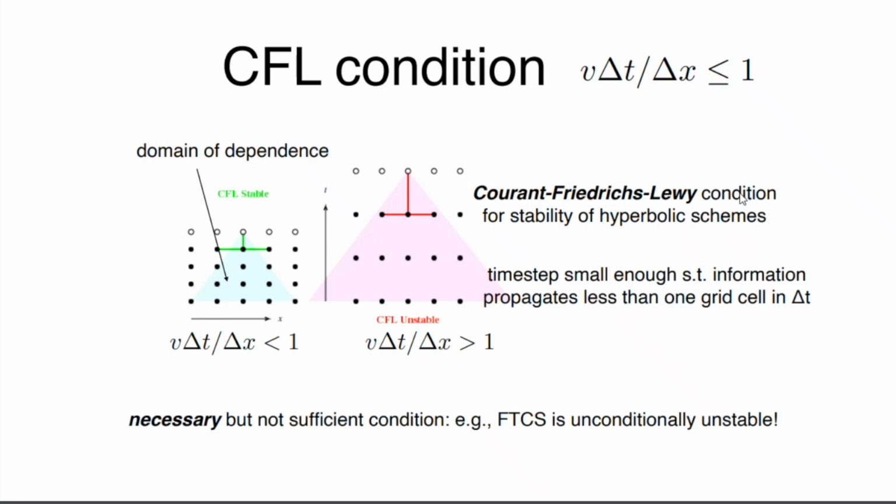So what the CFL condition, this condition that we got from the von Neumann stability analysis, corresponds to is that the step delta t that you choose, in order to be numerically stable, should satisfy the fact that the new point should not be in causal connection with the points which are beyond the nearest neighbor at time t_n.